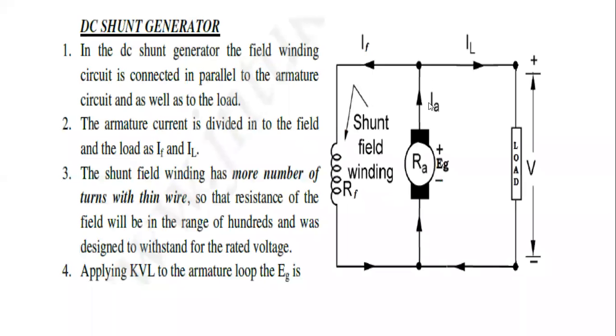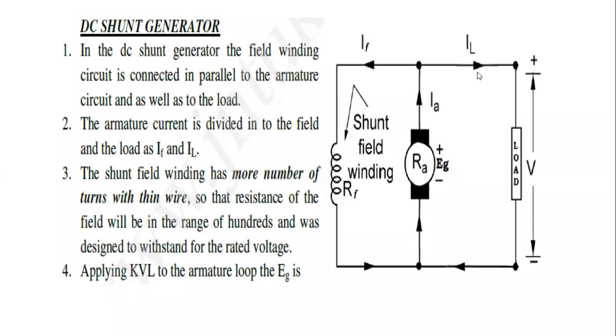Then we note down the armature current and apply KCL at this node. What is KCL? Kirchhoff current law: the entering currents are equal to the leaving currents. Which current enters this junction? IA current enters. The leaving currents are IL plus IF.